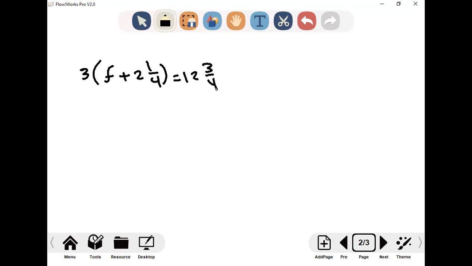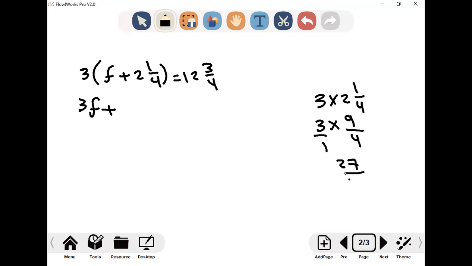This is the equation. Stop talking, give me. Let's distribute: 3F plus 3 times 2 and 1 over 4, do it on the side, right? This is 3 multiply 2 and 1 over 4, 3 multiply 9 over 4, right?